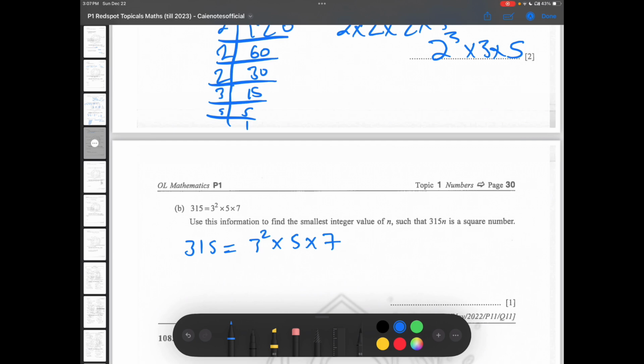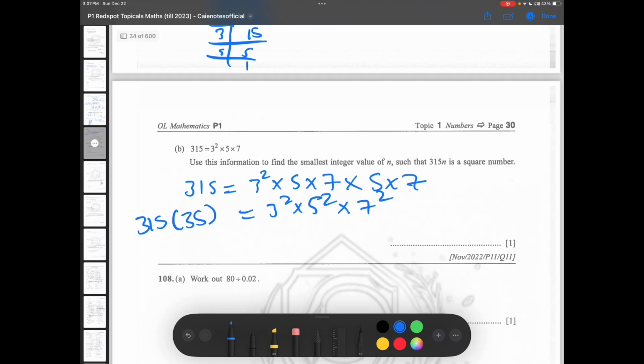If I multiply this with another 5 and 7, this is basically going to become 3 square multiplied by 5 square multiplied by 7 square. So now this has become a square number and we have multiplied with 35. 5 into 7 is 35. It means n is 35. If you multiply 315 with 35, then it becomes a square number.